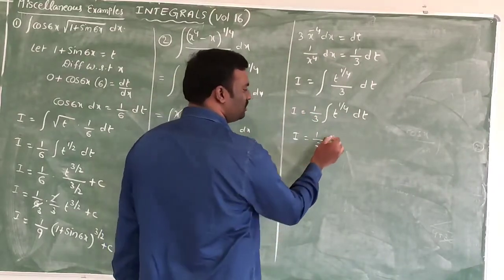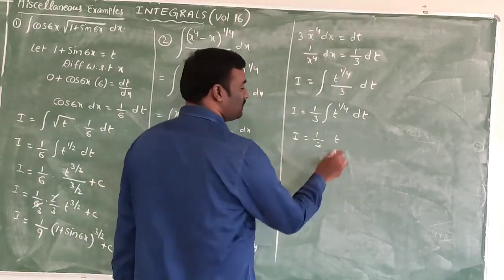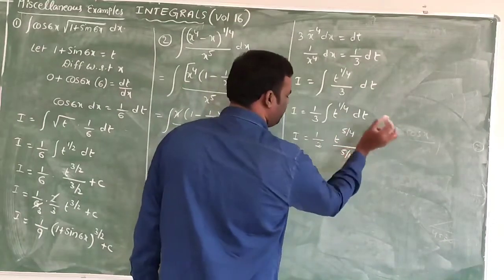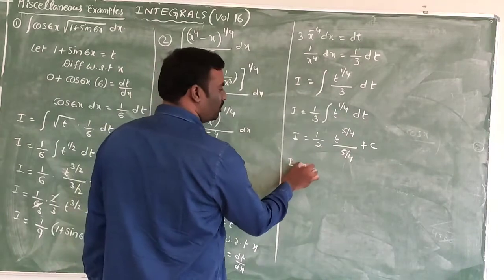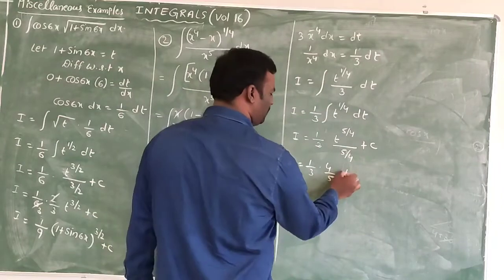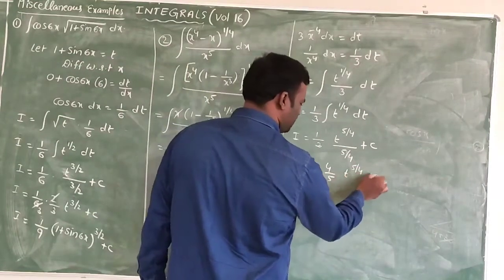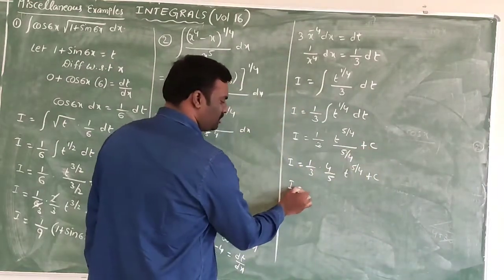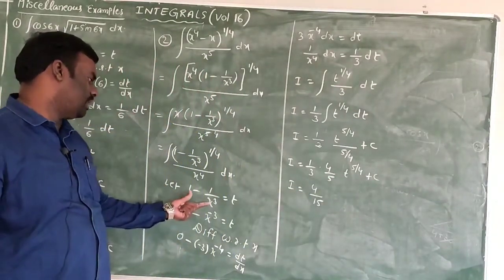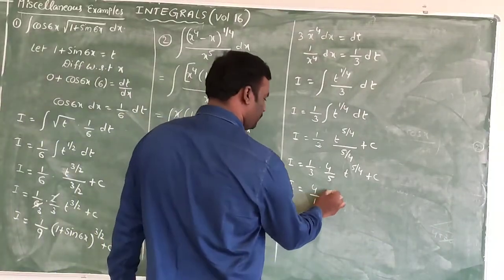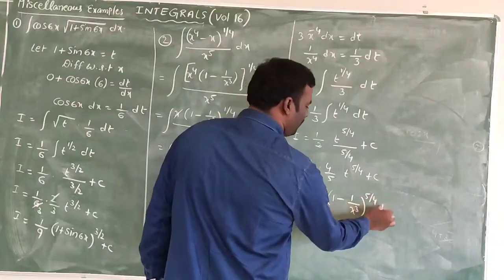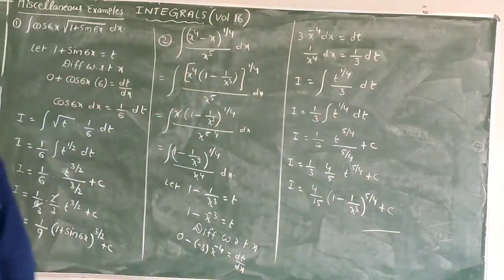Then 1 by 3 into t power 1 by 4 plus 1, that is nothing but 5 by 4, by 5 by 4, plus c. Then this 5 by 4 goes to the numerator, now it becomes 4 by 5 into t power 5 by 4 plus c. Then I equals 4 by 15 into t value. What is t value? 1 minus 1 by x cube. (1 minus 1 by x cube) whole power 5 by 4 plus c. That is the answer for this question.